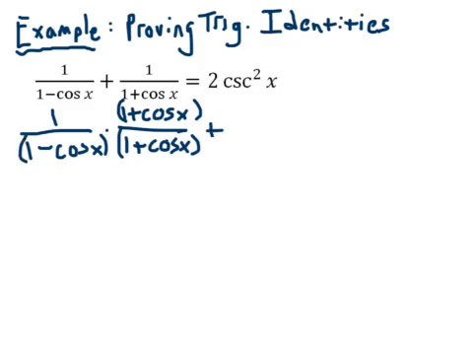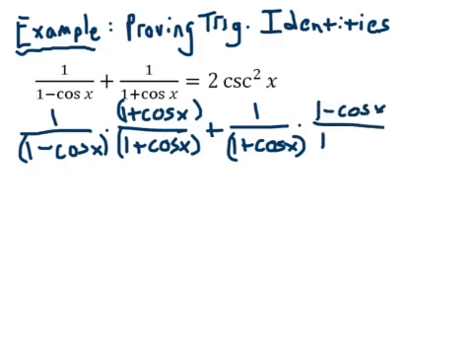And we'll take the second fraction, 1 over 1 plus cosine x, and we will multiply that by our other denominator from over here. And so we get 1 minus cosine x. I'll put those in some parentheses.